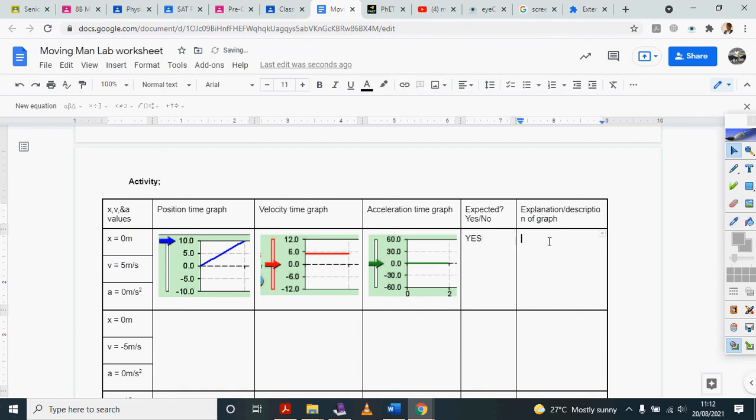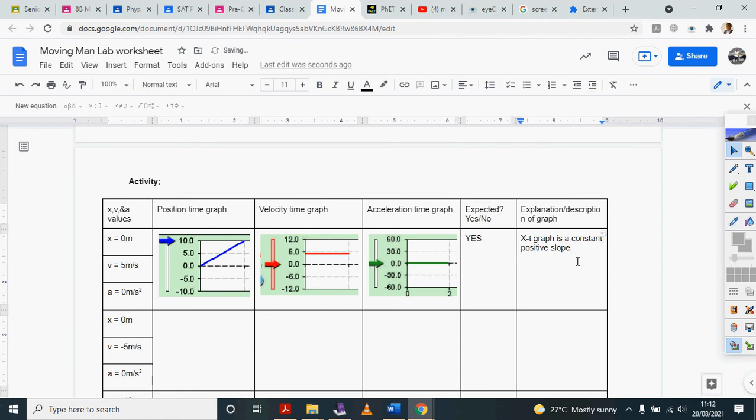Explanation. So the position time graph is constant positive slope, right? This is going to help you practice describing graphs, so please be very intentional about this. Constant positive slope.